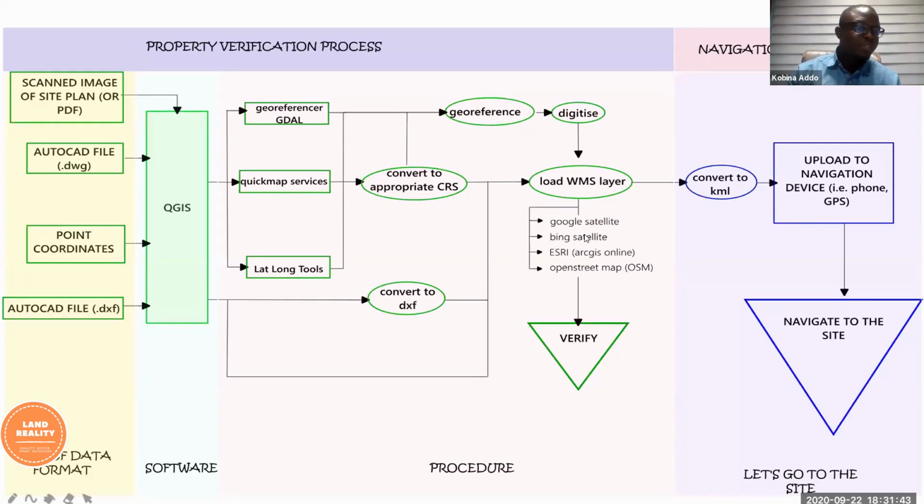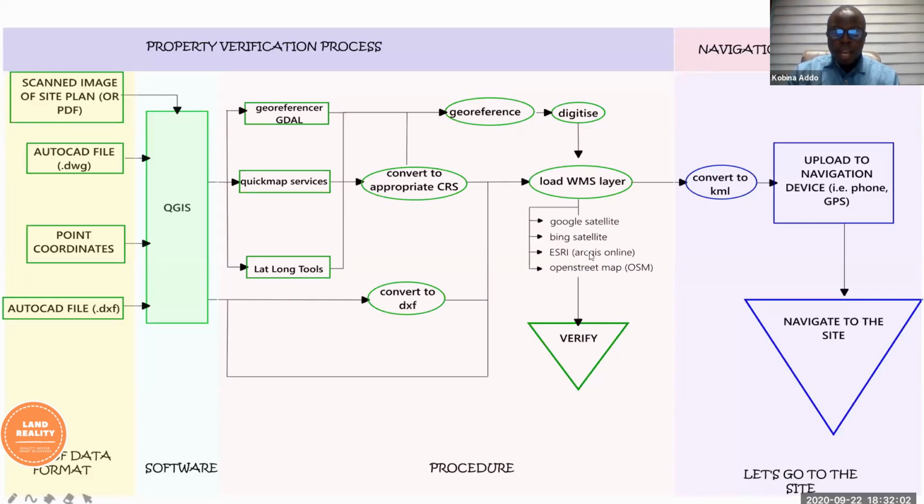So perhaps if you view any of those other web map services that are available, you may not get current data for that part of Ghana that you are viewing. But these are relatively current and usable.